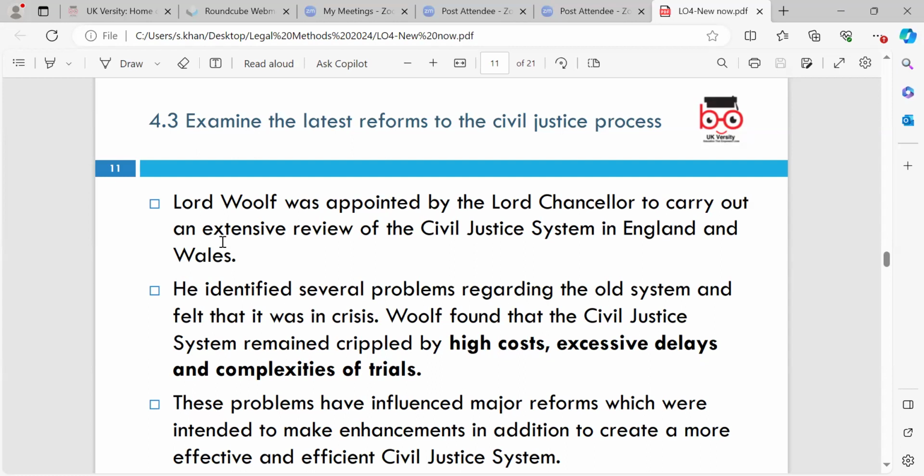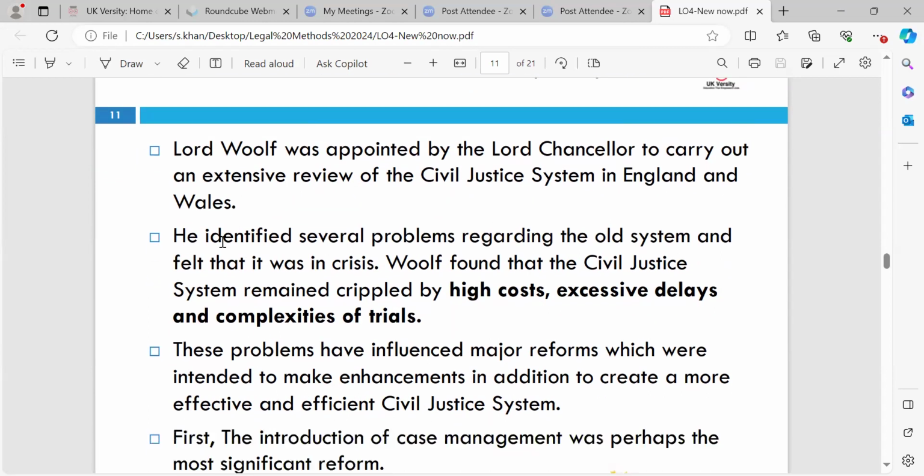Lord Woolf found that the civil justice system remained crippled by high costs, excessive delays and complexities of trials. So there were problems that needed to be dealt with, because cases were taking time, the costing was high and they needed to be dealt with.